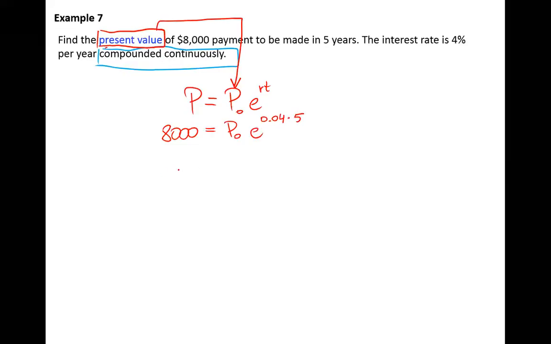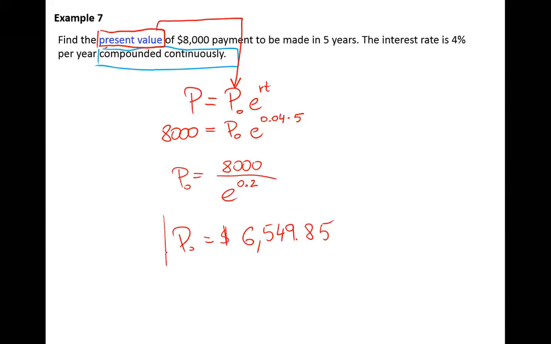That means I will divide both sides, which means I will divide 8,000 by e to the power of 4 times 5, which is 0.2, because we will have 20. I did use the calculator and I have $6,549.85.